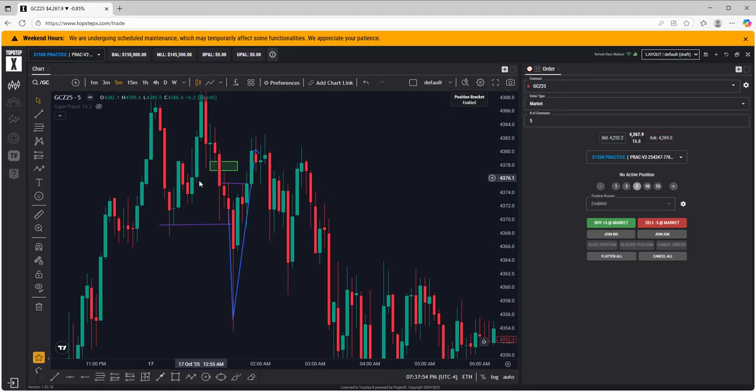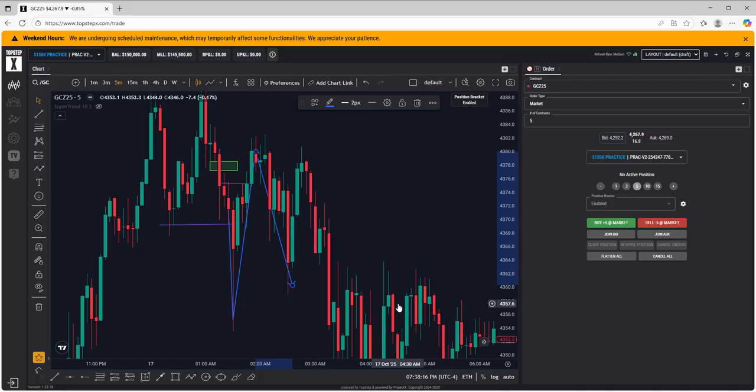Now we have this section of liquidity that was created. That got taken out, and then that got reversed. If you can identify liquidity, it should go hand in hand with structure.